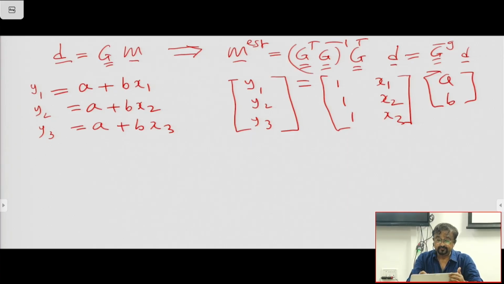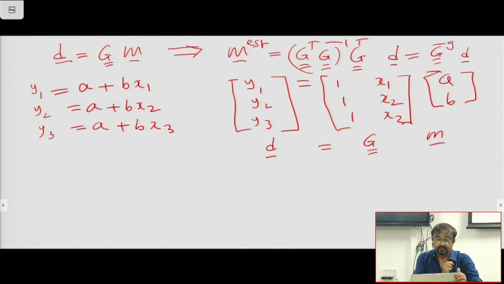This model vector is a, b, which is M. So this is your D, this is your G, and that's your M. All clear? So you have to then compute this to get the inverse.